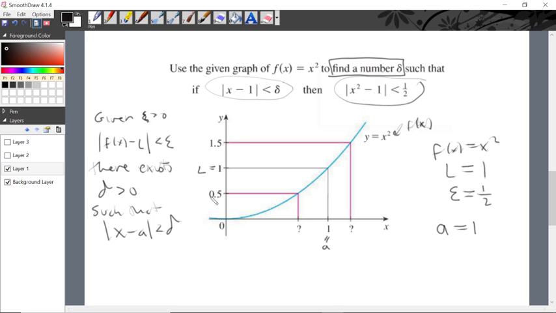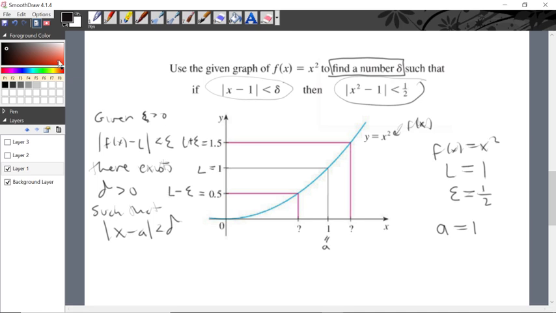Now, what did we call this lower bound here? We said that this was going to be L minus epsilon. Isn't it, though? L is equal to 1, epsilon is 1/2, and 1 minus 1/2 is 0.5. And this value up here, well, that's L plus epsilon.